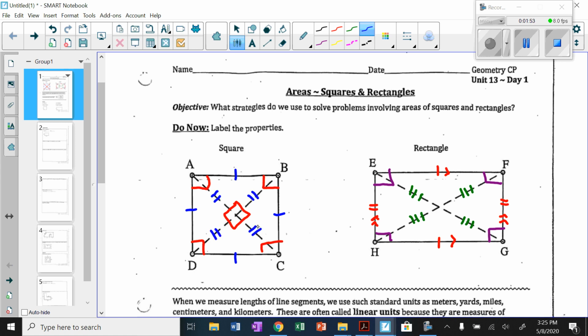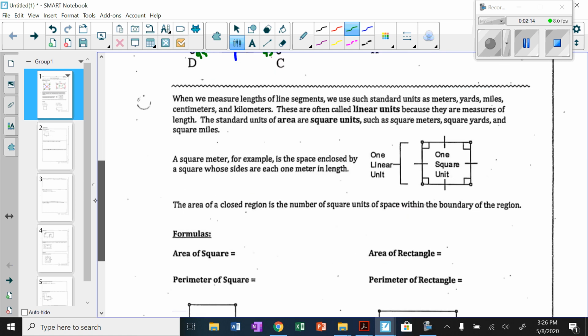And if you remember, the diagonals bisect the angles, which means these are all 45 degrees. There we go. All right.